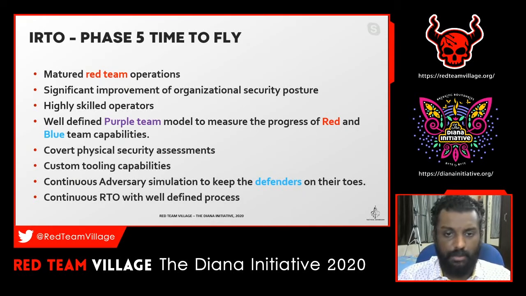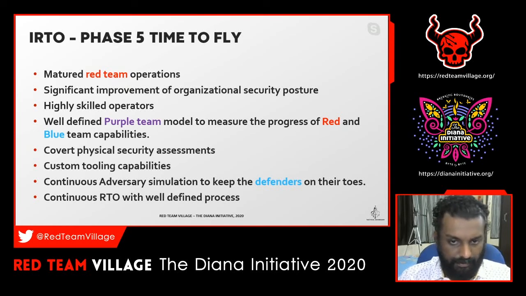Again, this should help the management understand the gaps in the organization's security posture: what activities are done by the red team, what activities are done by the blue team, what new weaknesses were uncovered by the red team, and what the actual coverage is for the blue team. There should be a very mature matrix to measure the progress of each team and their campaign exercises. It should be there by the time we reach phase 5.